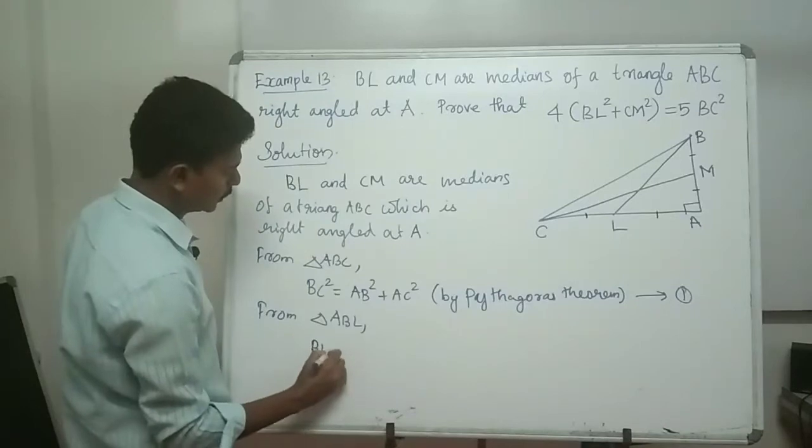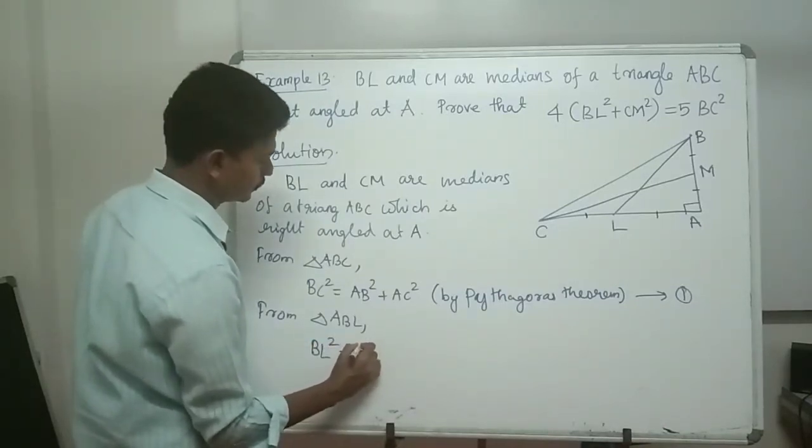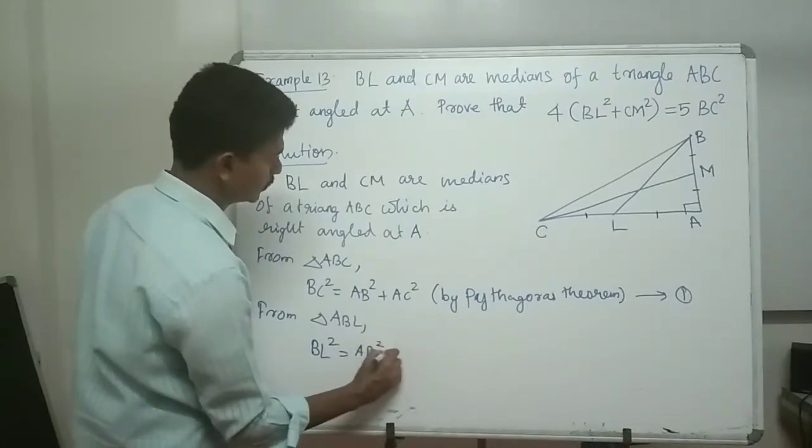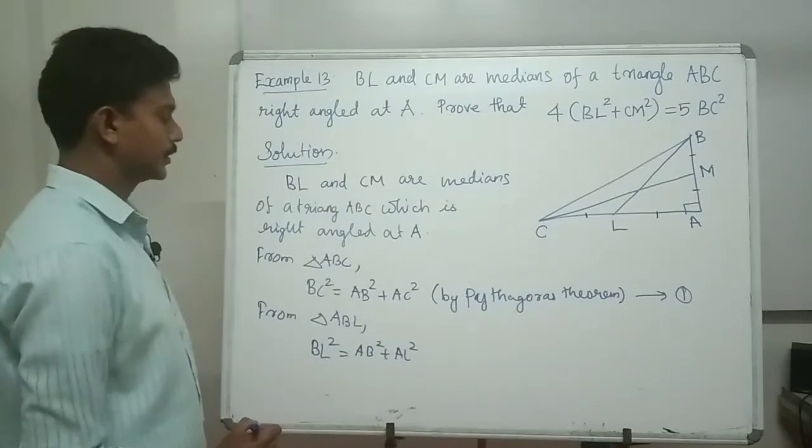So BL square is equal to AB square plus AL square.